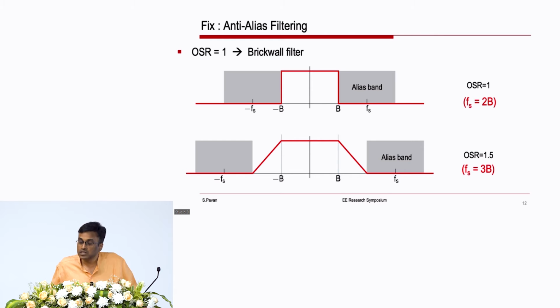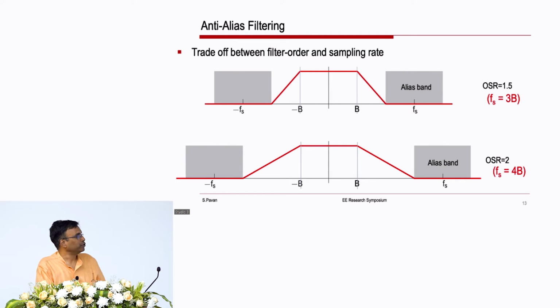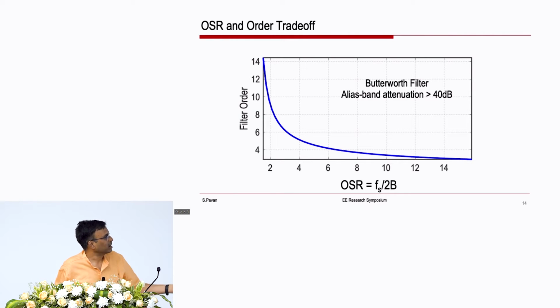So, in other words, you sample at a rate which is higher than Nyquist, and what do you gain? Well, if you sample at thrice the signal bandwidth, then the characteristic needed of the filter is relaxed from the brick wall, and as you keep increasing the sampling rate, the filter becomes easier and easier to do. And that is captured in this picture.